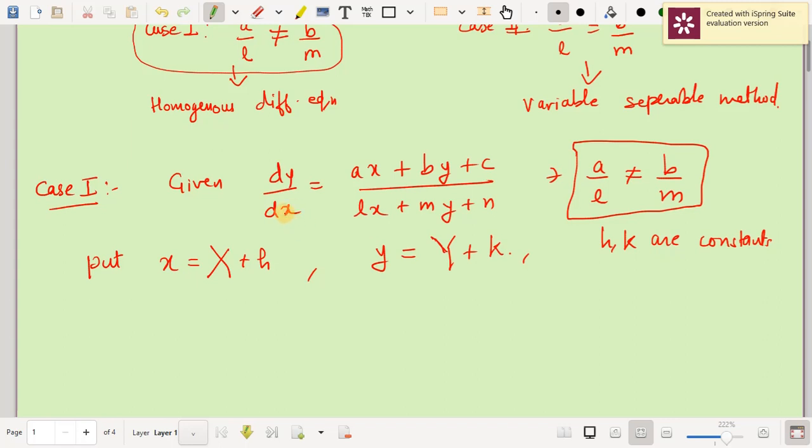So how do we choose this h and k? First, let us mark this as equation 1.